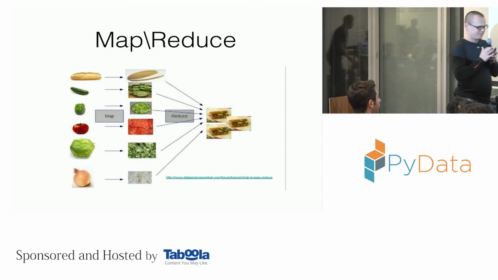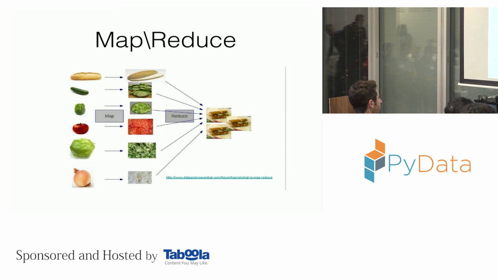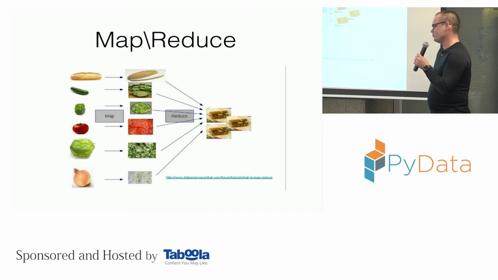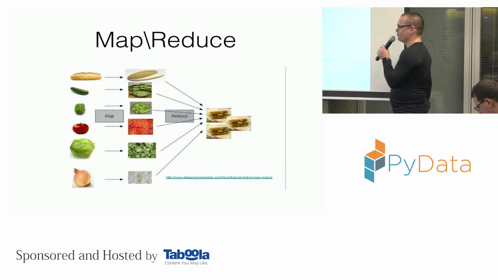Well, probably the best example to explain: imagine that you have a lot of data, you have bread, you have different vegetables, tomatoes, onions, and every node, every computer on the left side stores its own chunk of data. And your mission is to prepare a sandwich on your way to work.